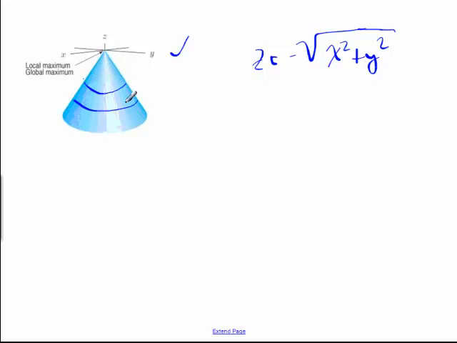And here's the cone that graph creates. And notice all of my level curves are a bunch of circles that are dropping down.